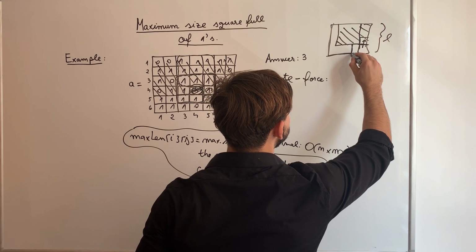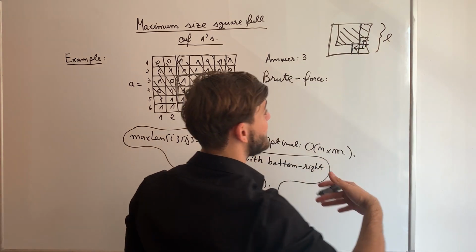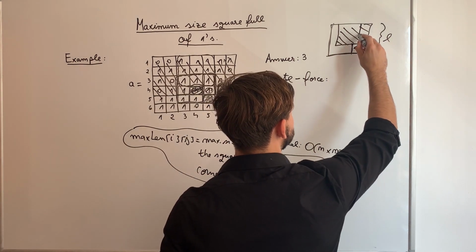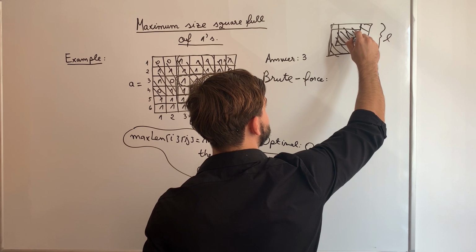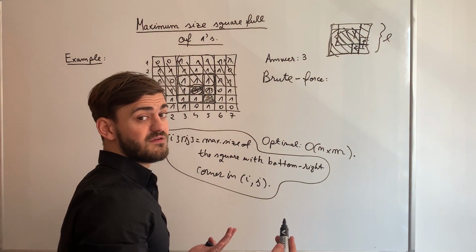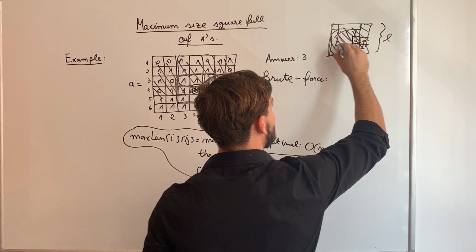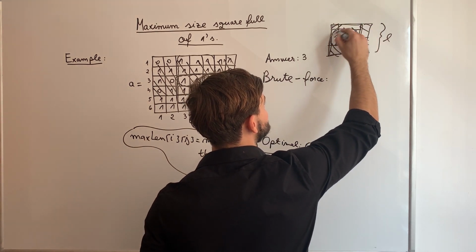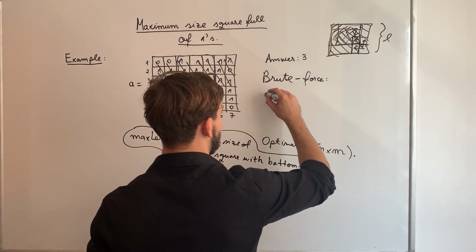I am going to need then here in this neighbor a square of size L minus 1, right? So something like this. And the third one, I'm going to need here in this neighbor another square of size L minus 1, full of 1's, right?